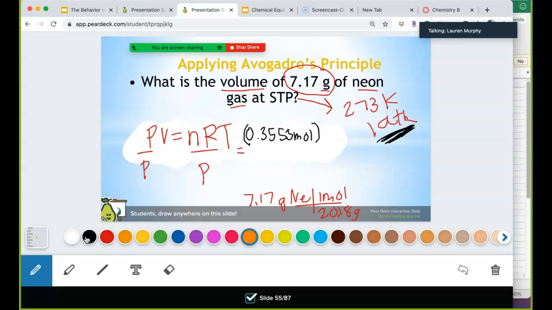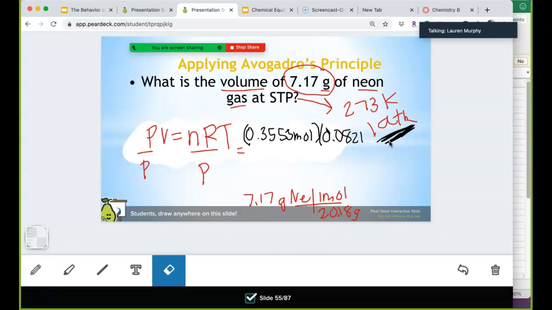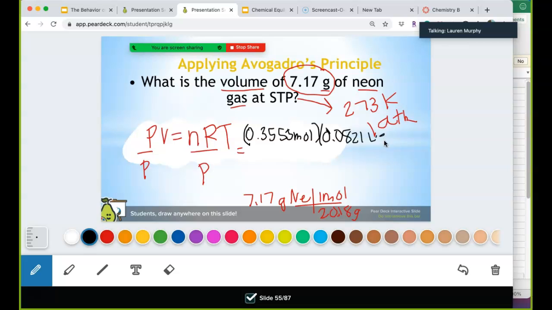So this is the R constant, 0.0821 liter atmosphere over mole Kelvin.